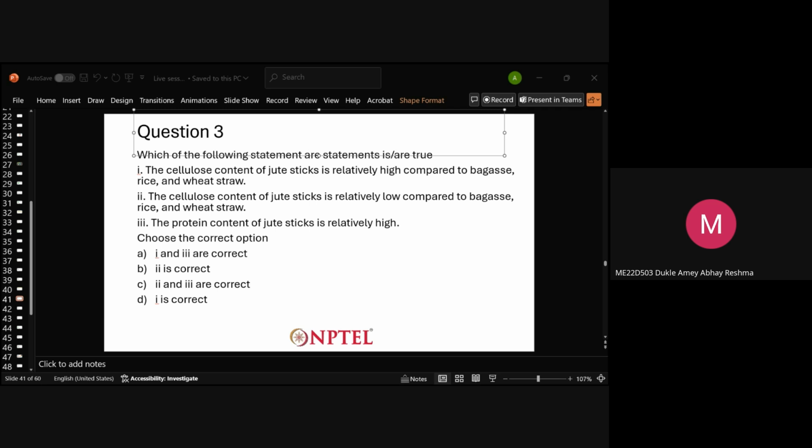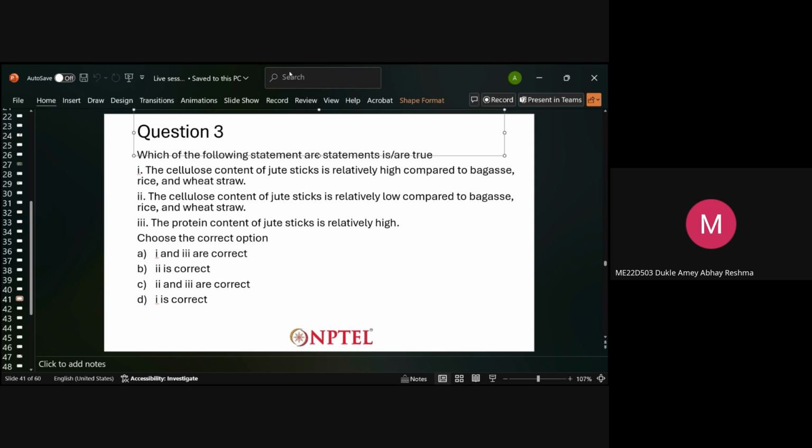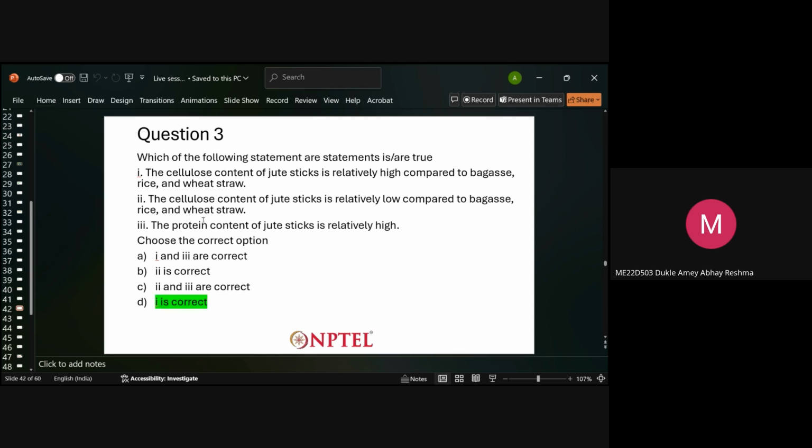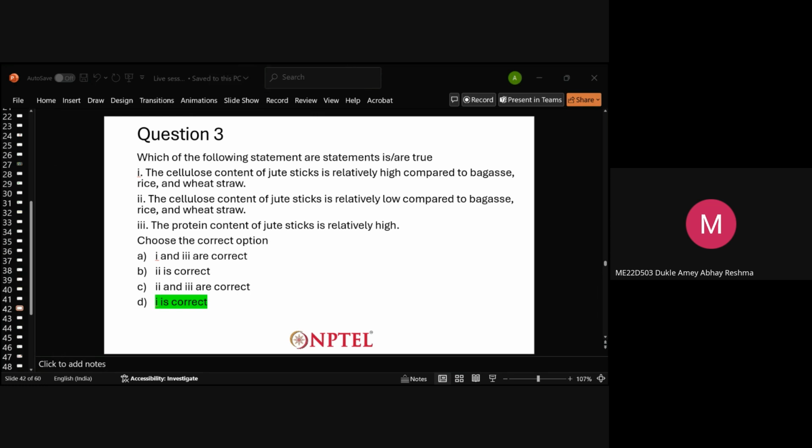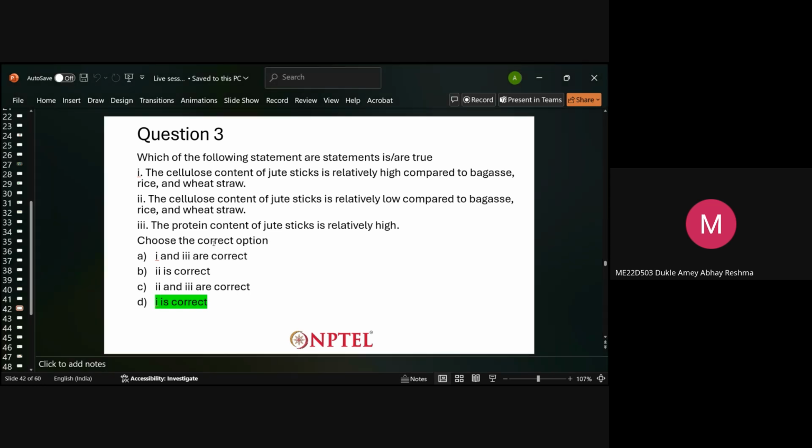Yes, the answer is only one is correct. So basically, the cellulosic content of jute sticks is higher compared to bagasse, rice, and wheat straw. It is higher than all the three, and the protein content is a bit lower, not that high in jute straw if you compare it with other things.